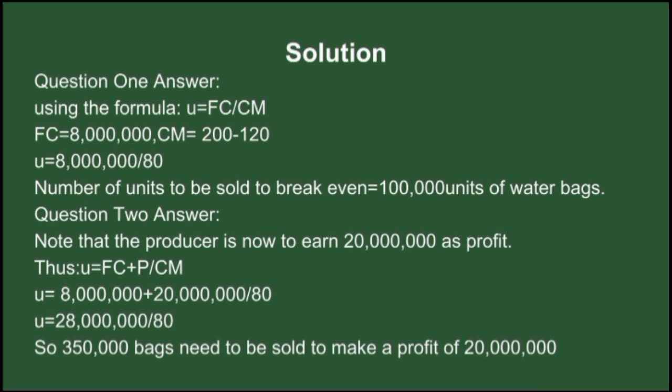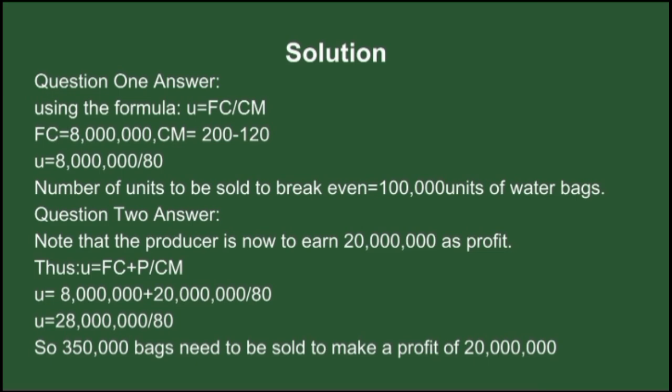Question number 2 answer. Now, we note that question number 2 addresses a scenario where the company is now targeting to make a profit of 20 million naira. So at this point, the break-even formula will change in that profit is no longer equal to 0, but profit is now 20 million naira. Thus, the formula becomes U equal to FC plus P, not FC alone.